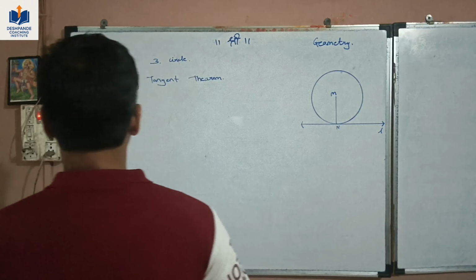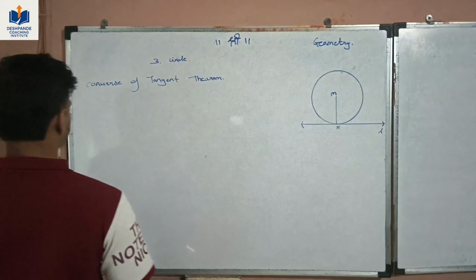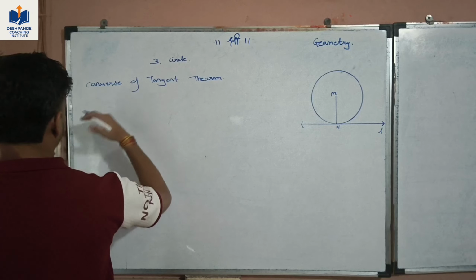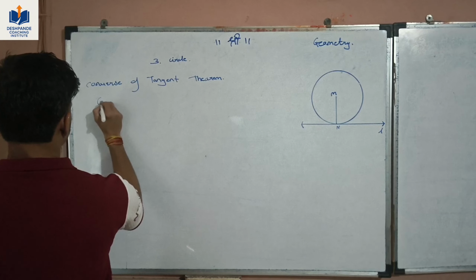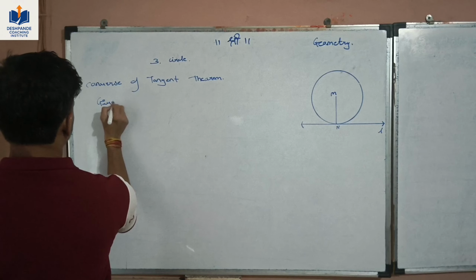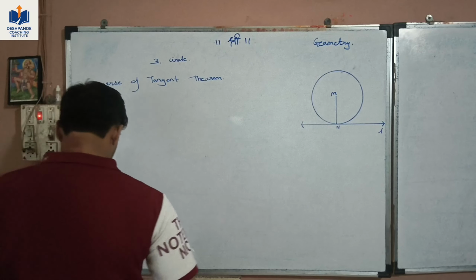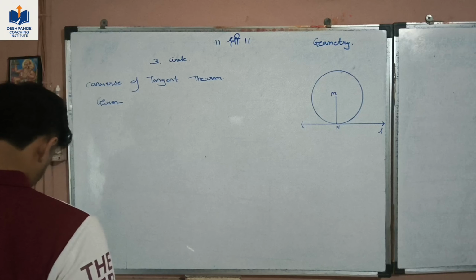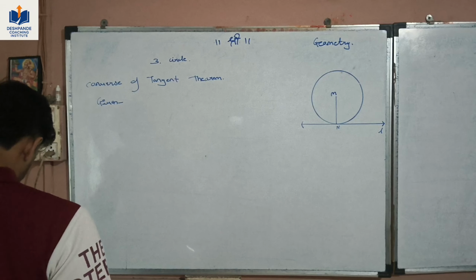So first of all we will write here given, then to prove, and then proof. In this theorem, separate construction is not given. So what is given?